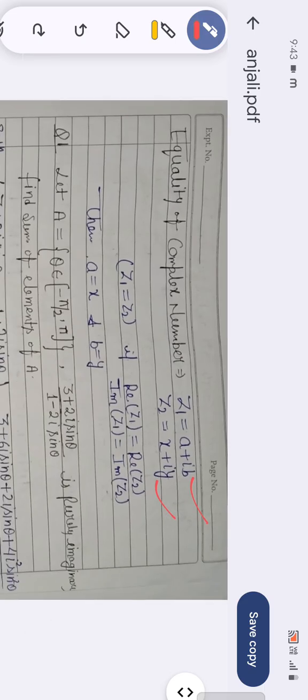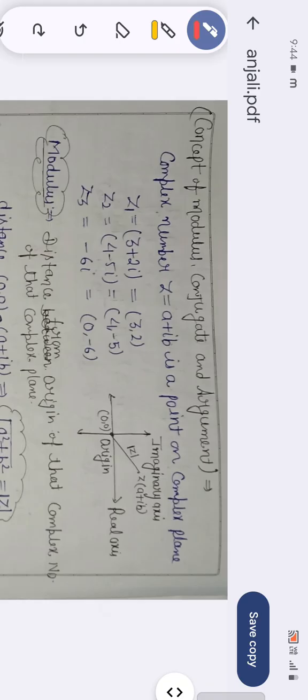Then Z1 equals Z2 if their real parts are equal and their imaginary parts are equal. So the real part of Z1 is equal to the real part of Z2, and the imaginary part of Z1 is equal to the imaginary part of Z2, meaning a equals x and b equals y. Then Z1 will be Z2. Is it clear?